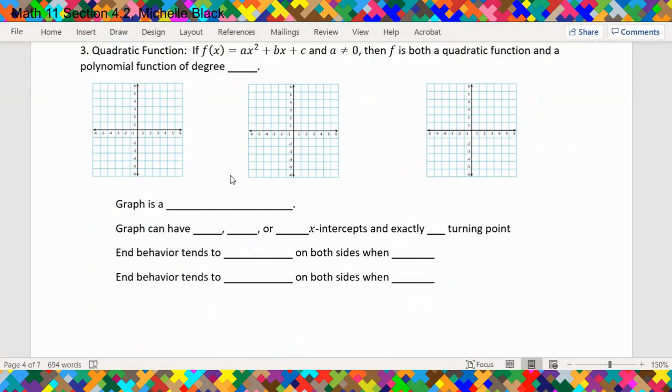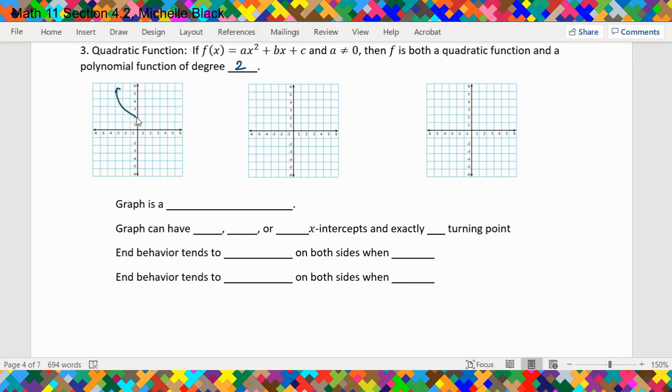The quadratic function. If f of x equals ax squared plus bx plus c, where a is non-zero, then f is both a quadratic function and a polynomial function of degree 2. We talked about quadratic functions in the last chapter, and we saw a few different cases about how it may interact with the x-axis.